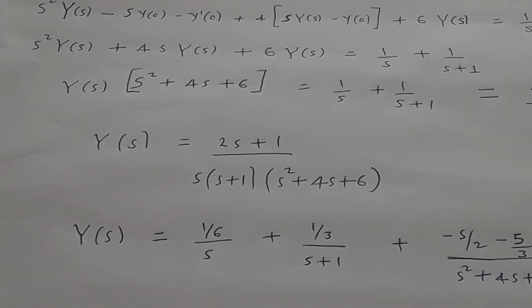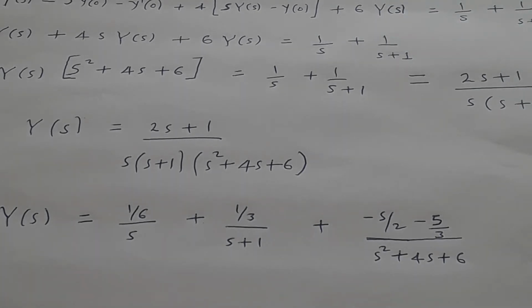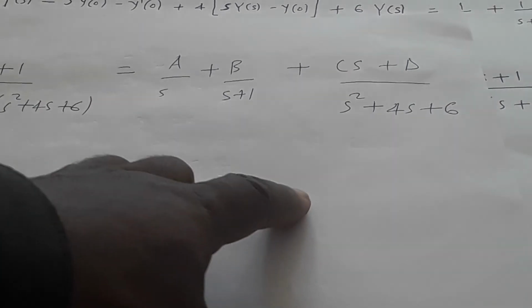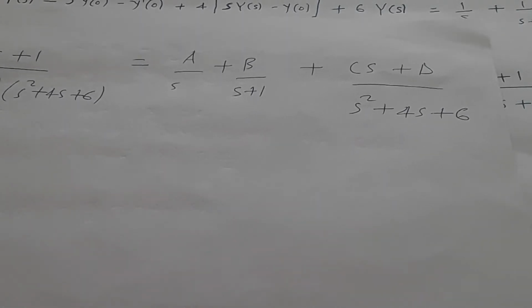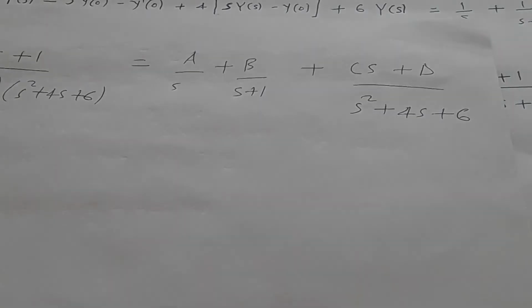For this 2s plus 1 we have this partial fraction decomposition form. We need to determine the unknown constant coefficients A, B, C, and D.